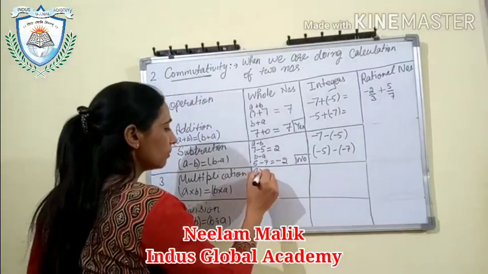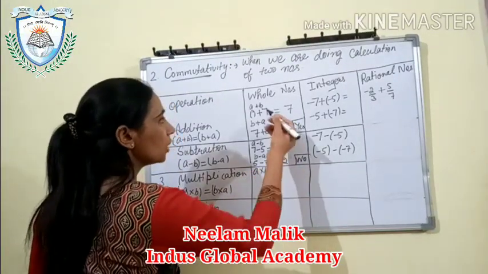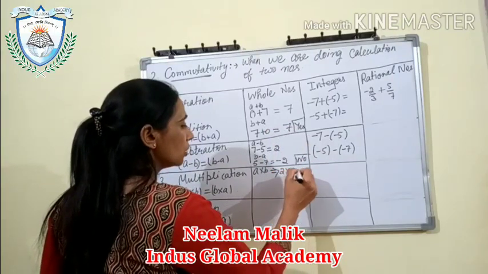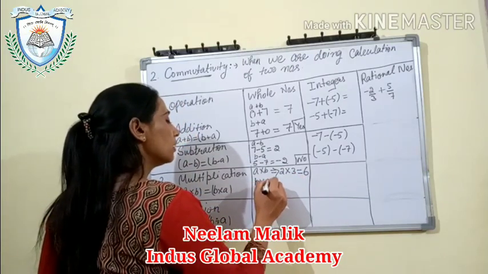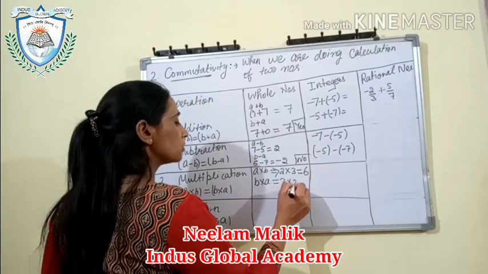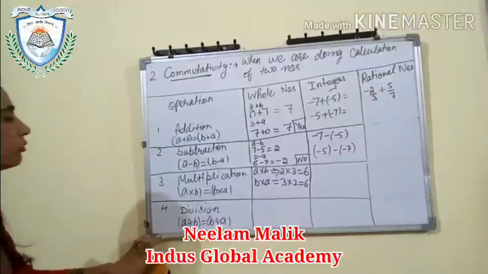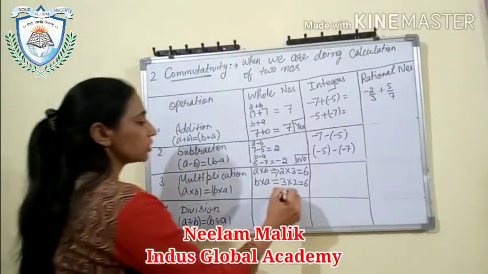Suppose I have a, you can take any whole number. I have 2 into 3, so that will be 6. If I have b multiply a, b was 3 and a was 2, so that will be equal, yes. So we will say whole numbers are commutative under multiplication.